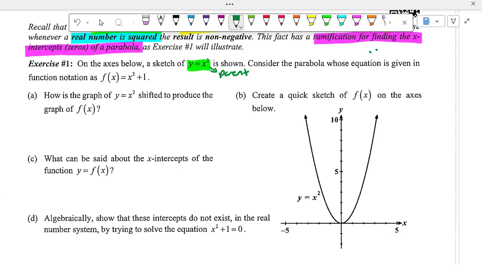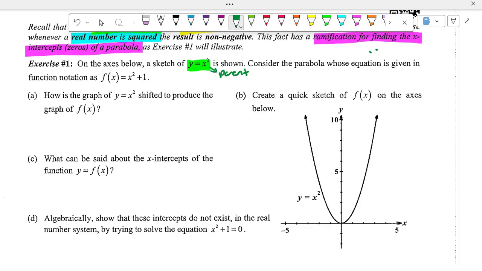Think about parent-child relationship. We're calling x squared the parent. What does that mean about any other quadratic? It's based off of it. Good. So it comes from x squared. So x squared is the original. It's where all quadratics stem from.